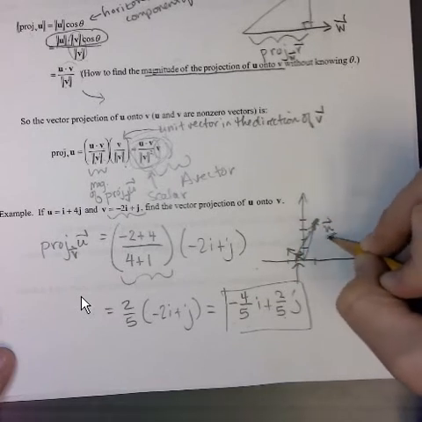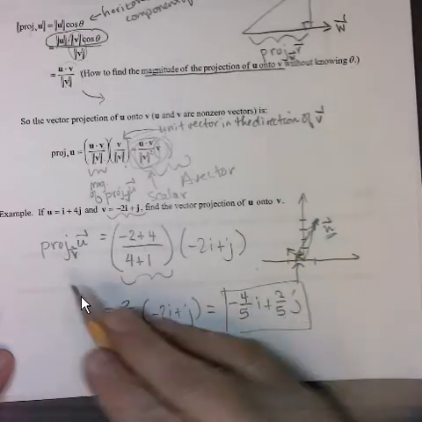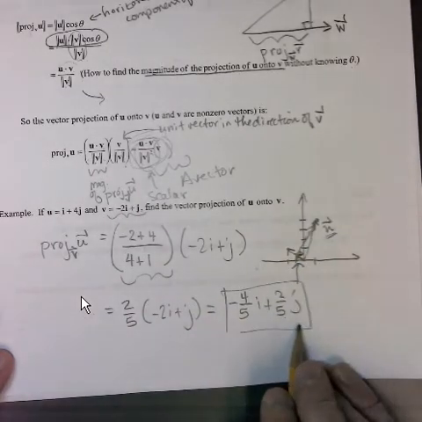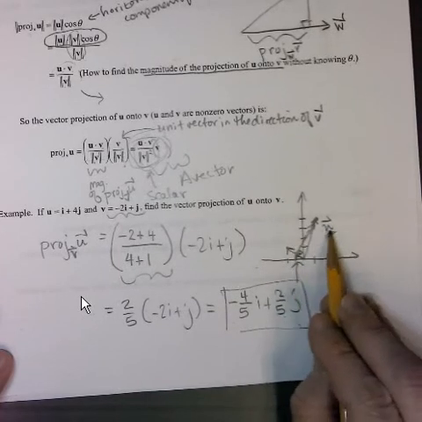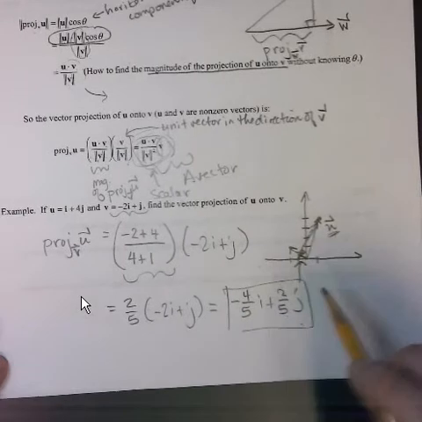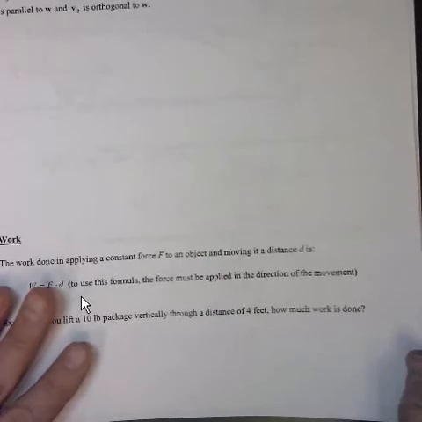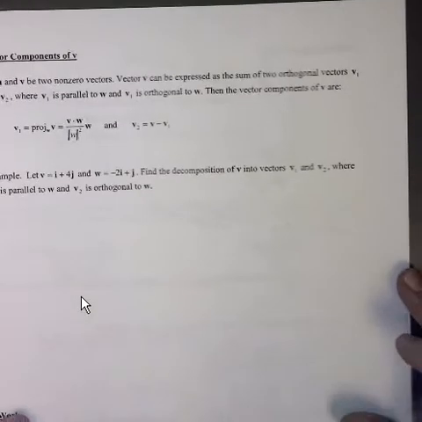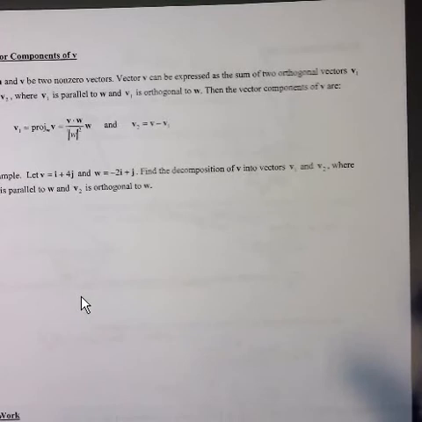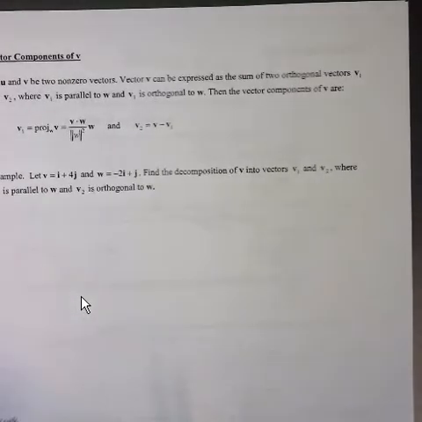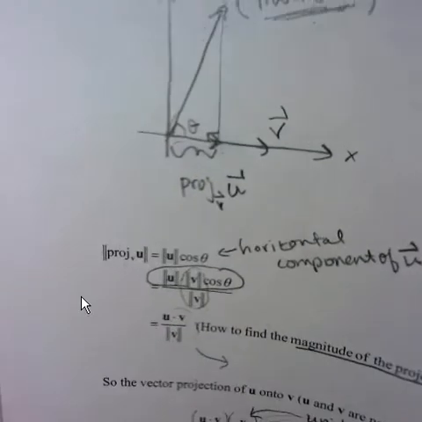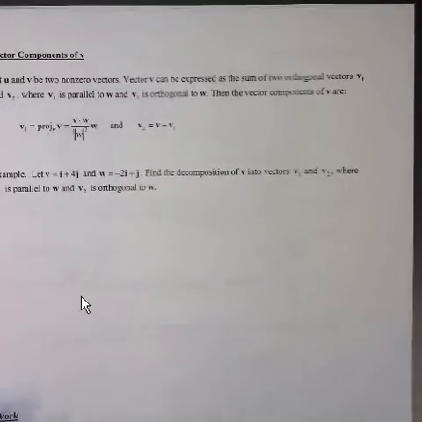So if we find the projection vector and we know vector u, all we have to do is subtract u minus the projection vector to get the other vector. So these are the vector components of v. I think I changed notation. That's okay. We can deal with that. I used vector v here instead of vector u.